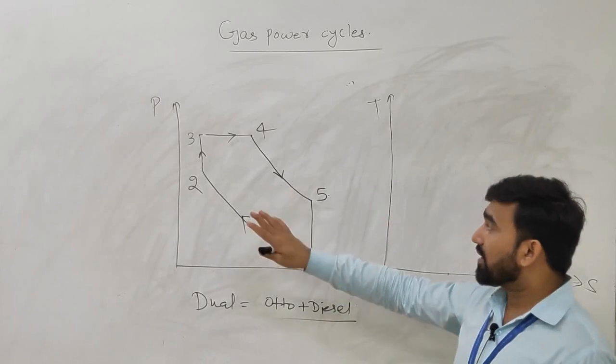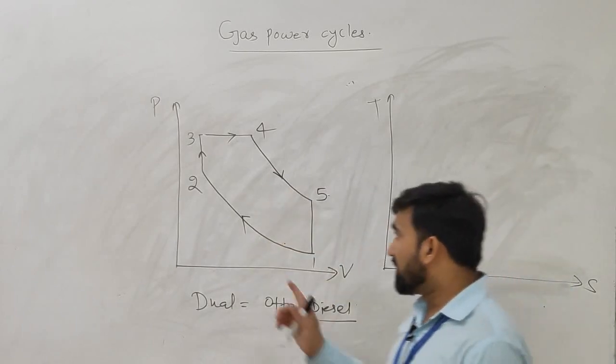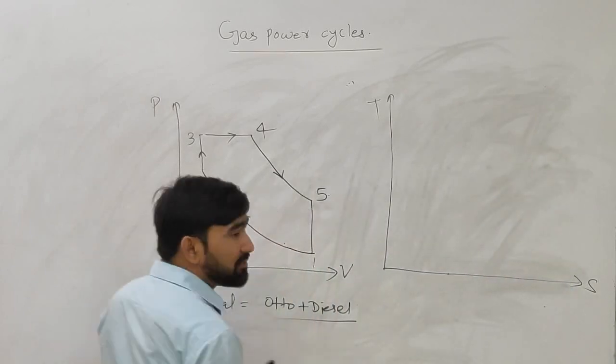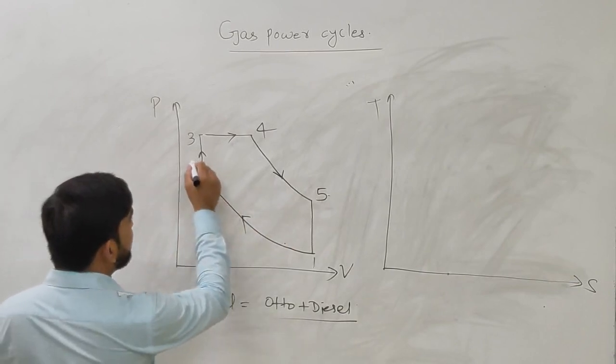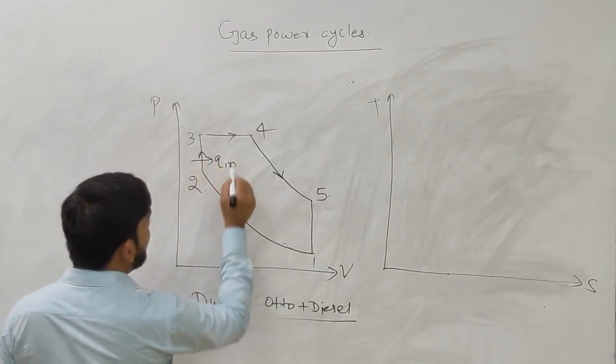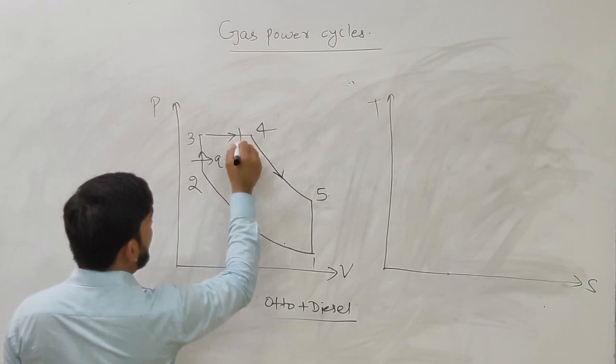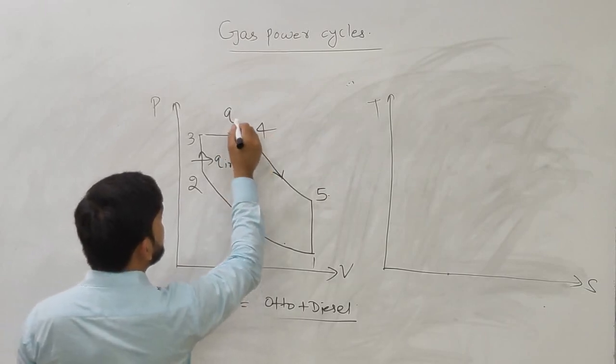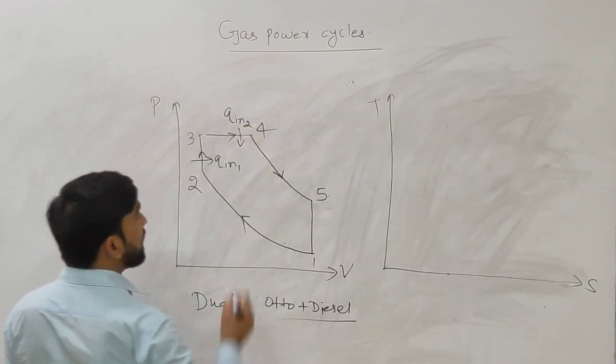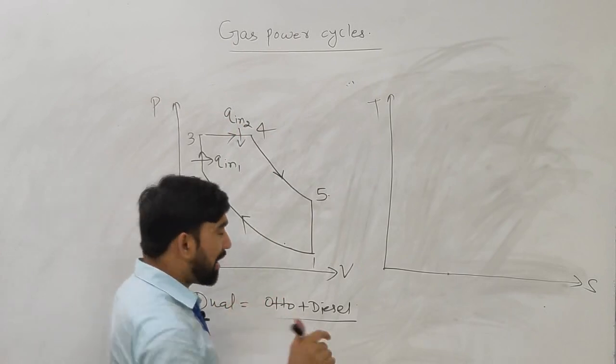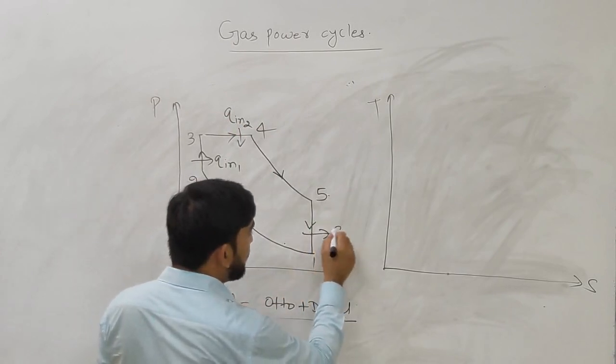So it is an Otto cycle plus diesel cycle. Here the heat is supplied at constant volume, Q in 1, and heat supplied at constant pressure, Q in 2, and heat is rejected at one point only, that is Q out.